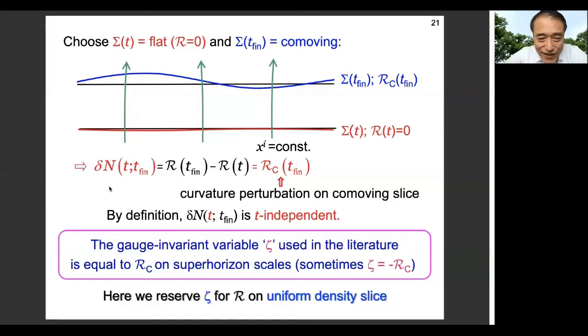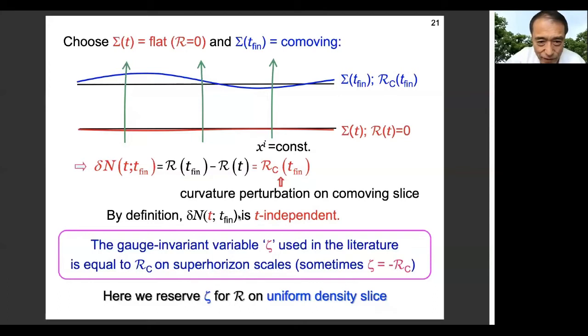So this is the quantity which, if it is conserved afterwards, then you can essentially compute delta n up to any distance back in time and take the flat slice, and if you can compute the fluctuations in delta n, then that gives you the final answer for the curvature perturbation. Okay, right?